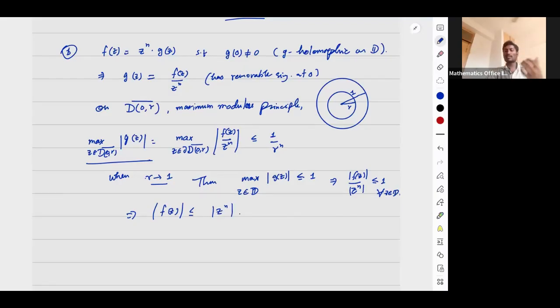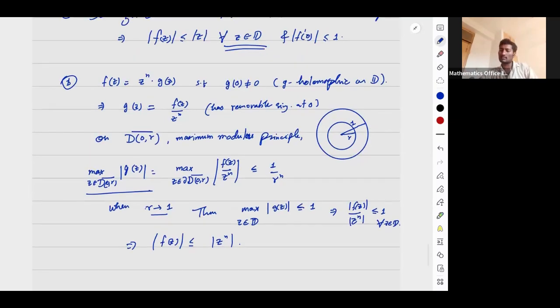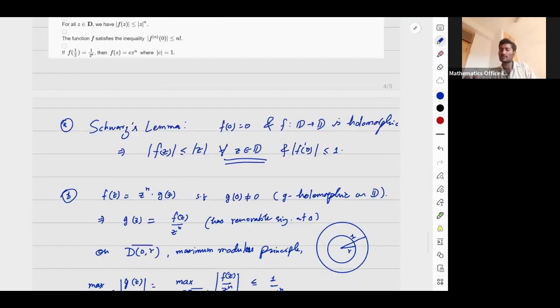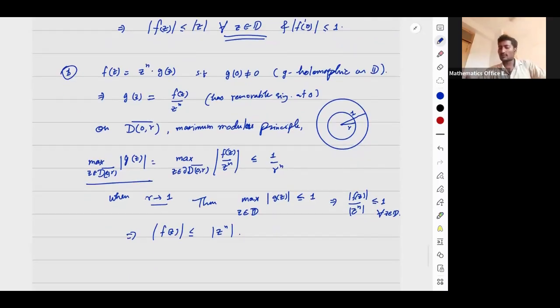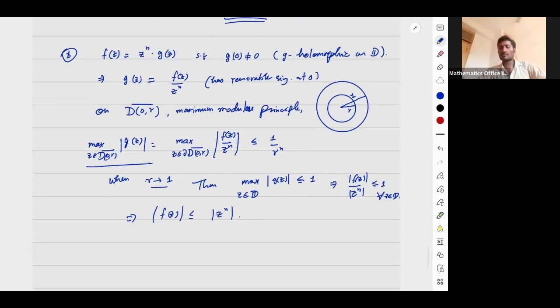So we get a proof for our case, right? A similar proof was given in the Schwarz lemma. So that is why I had to go through the proof. I don't remember the proof right now, so it's good to go back and see them. We also find this pretty interesting.